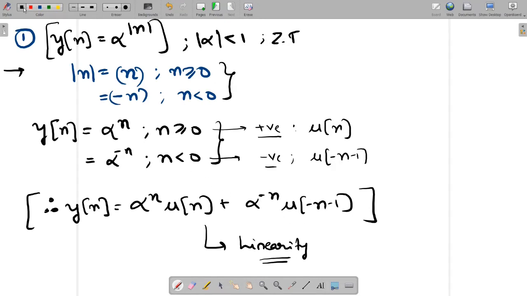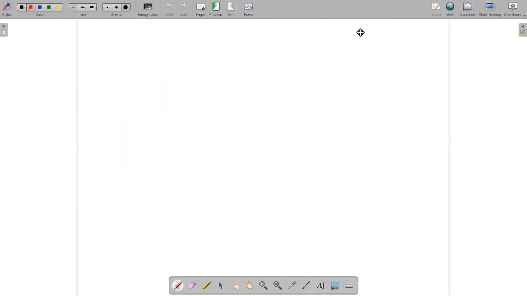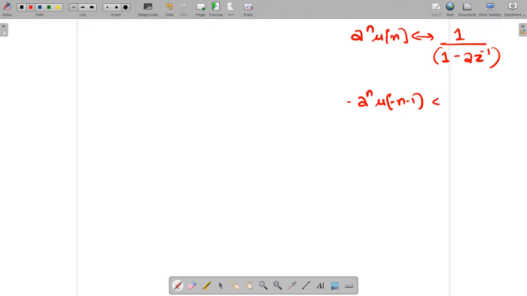fine, okay. So, we have seen some standard signals. The standard signals were a raised to n u of n, the Z transform is 1 upon 1 minus a Z inverse, and a raised to n u of minus n minus 1, minus of Z transform is again 1 upon 1 minus a Z inverse.